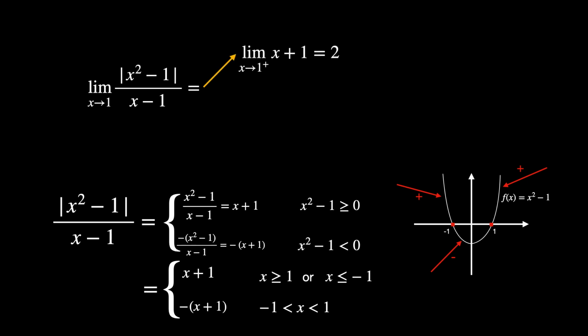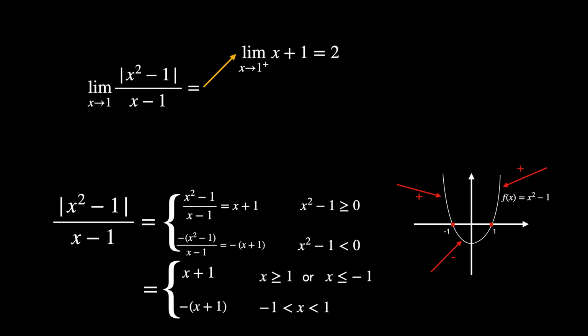What is the right limit? The right limit is the limit of x plus 1, because x approaches 1 from the right side with values greater than 1, and we can see the equation when x is greater than 1 is x plus 1. So that's actually the limit of x plus 1 at 1, so the limit is 2.